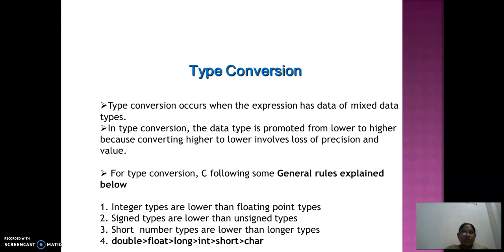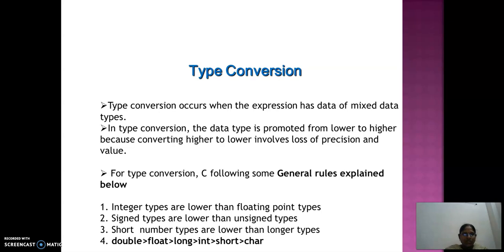If you are performing any addition operation or any arithmetic operation on an expression which consists of mixed data types, then we need to convert one into the other. So this comes into the picture when the data consists of mixed data types.